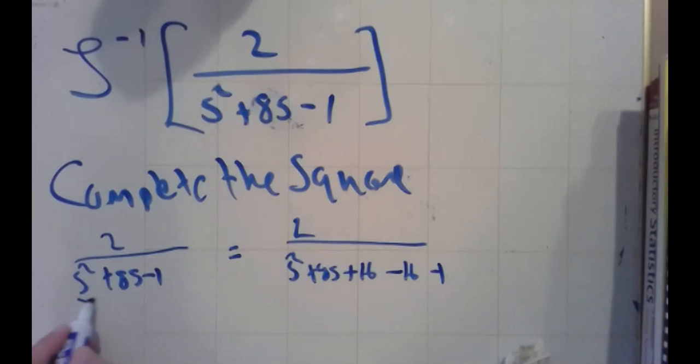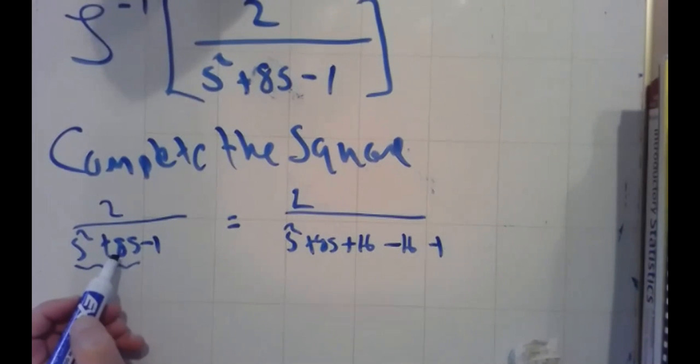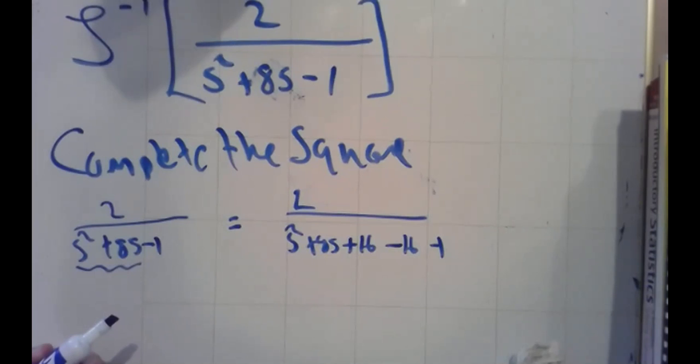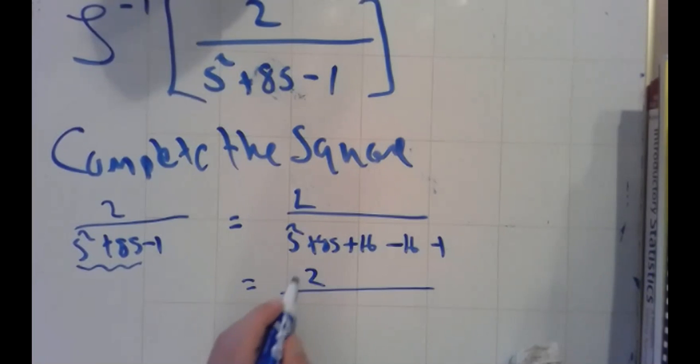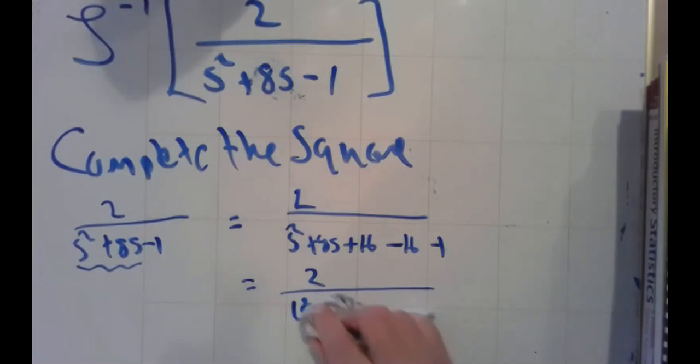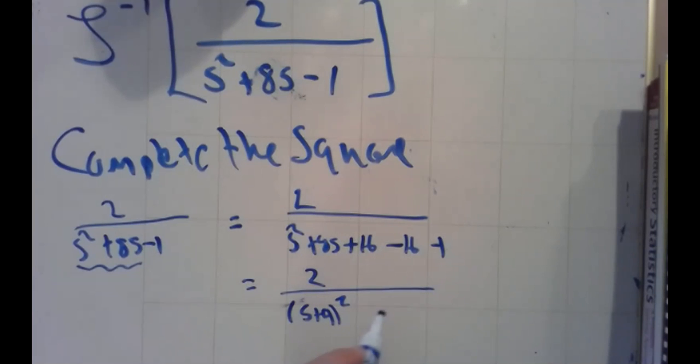So use the first two terms to complete the square by taking half the middle number, squaring it, adding it, and subtracting it out. So that will be (s plus 4) squared, and then I've got a minus 17. So I'm going to write that as minus the square root of 17 squared.